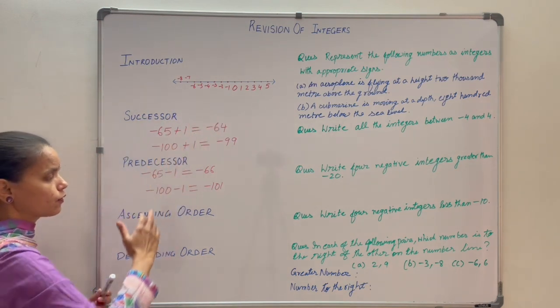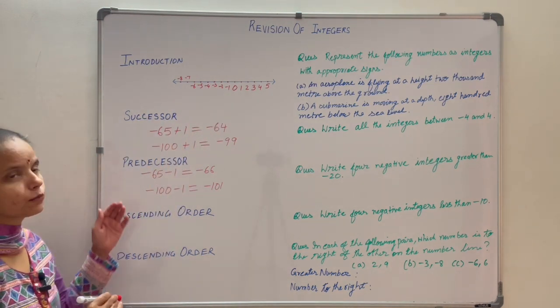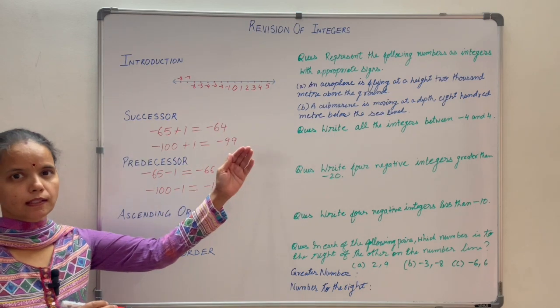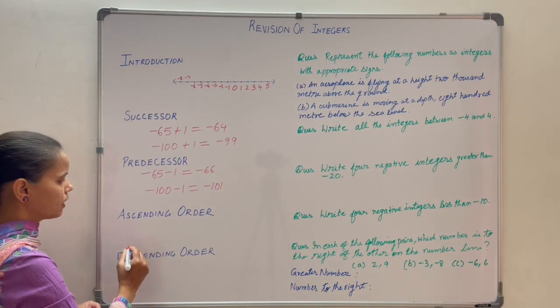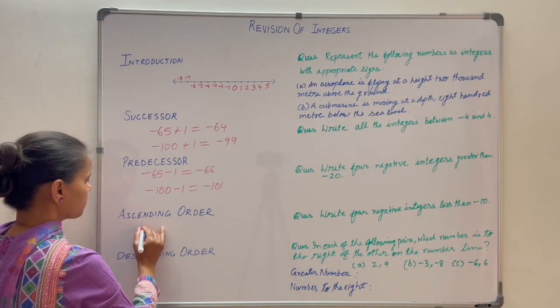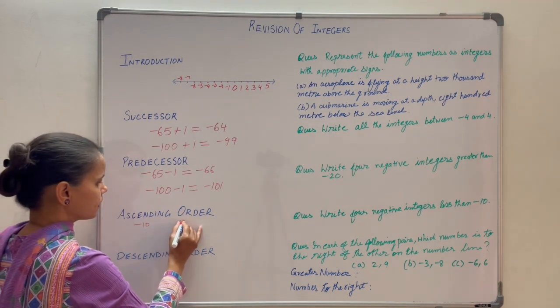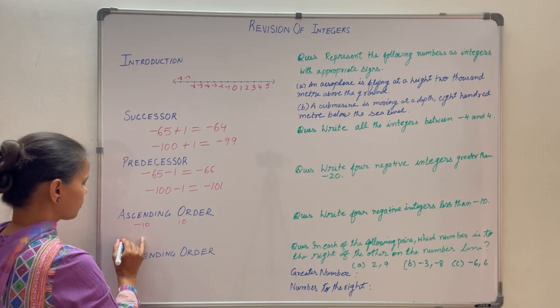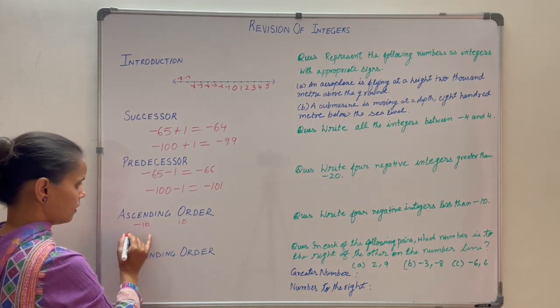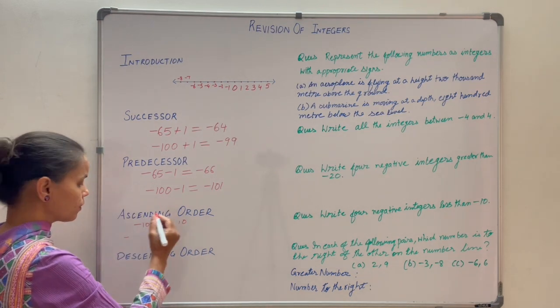Ascending order, as I have just told you: when you move from left to right, the numbers are arranged in ascending order. Let us arrange the numbers between -10 and +10 in ascending order. Ascending order means smaller to greater.